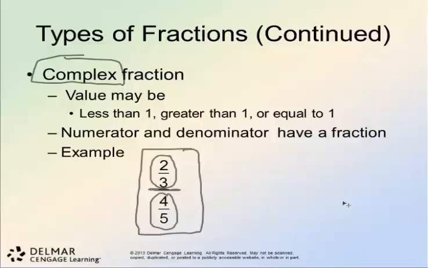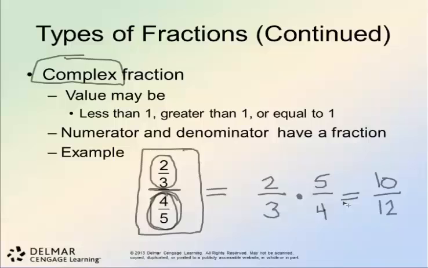Just a quick review, if we simplify a complex fraction, what we do is we take the numerator's fraction and we multiply it by the reciprocal of the denominator's fraction. And the reciprocal of 4/5 is 5/4. And then as we multiply fractions, we multiply straight across. That'd be 10 over 12.